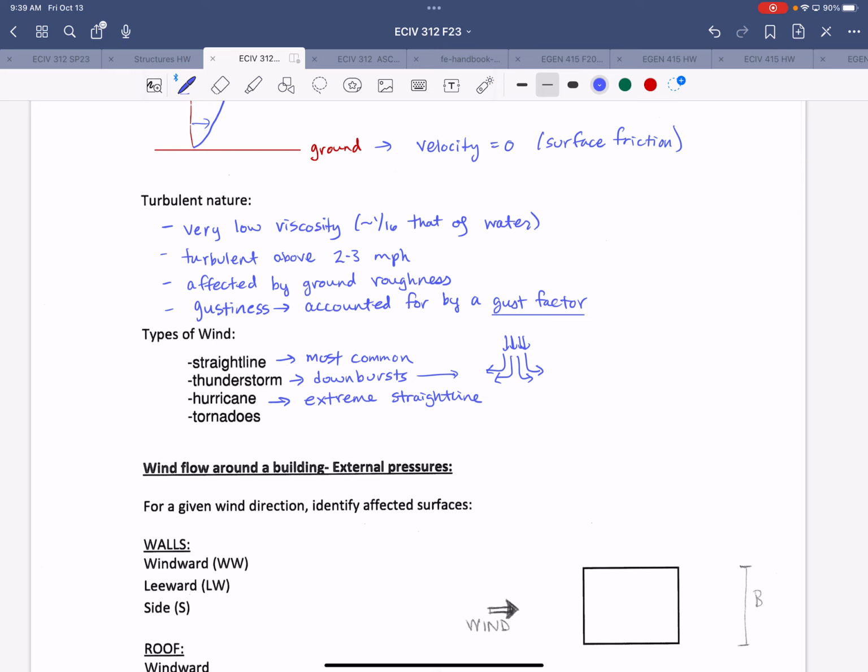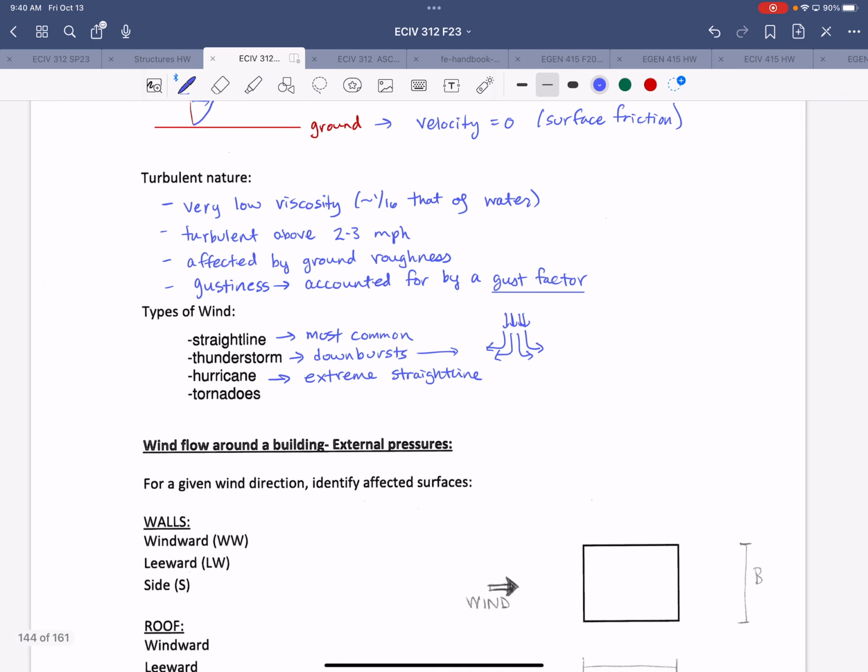Because the diameter of the storm is so large, as far as a specific building location is concerned, that building is experiencing a straight line wind. Now that direction of the wind might change as the hurricane moves. Depending on where the building is with respect to the center of the storm, the direction that it experiences will change, but it's basically a straight line wind by the time it hits the building.